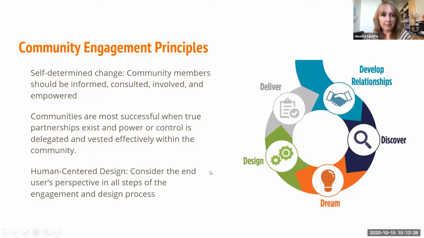I also want to make note of recognizing through the engagement process the power dynamics in your community. So one thing that I'll mention through our community engagement process in the Bear River region, we really undertook a pretty intentional power analysis.